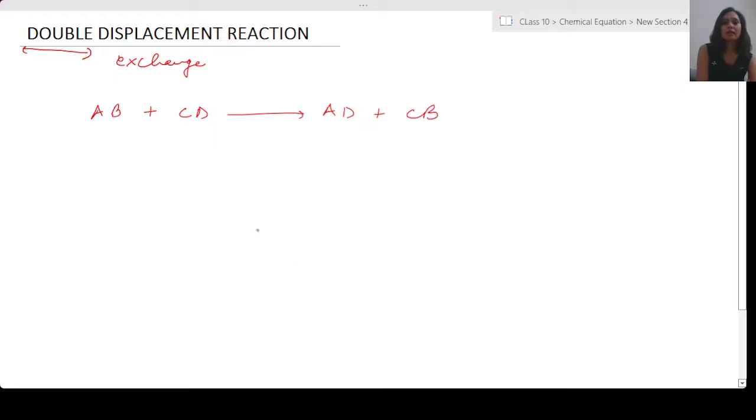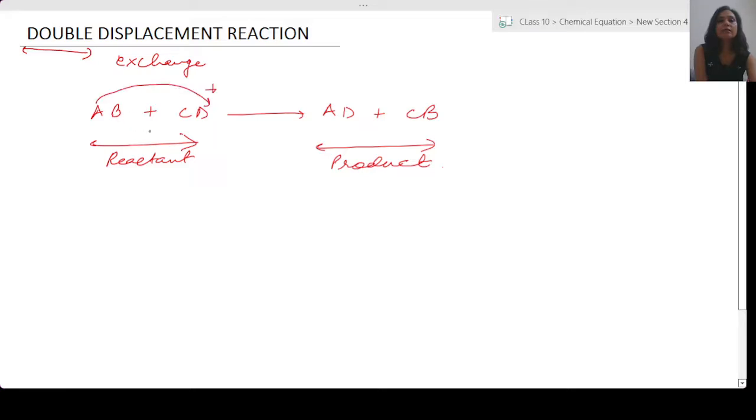Now what is happening here? This is the reactant side, and this is the product side. You are seeing that A is getting combined with D and B is getting combined with C. So there is an exchange between two different atoms, or between two groups of atoms basically.